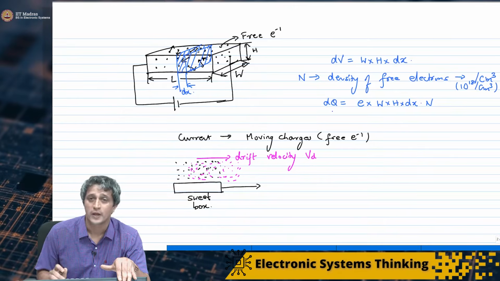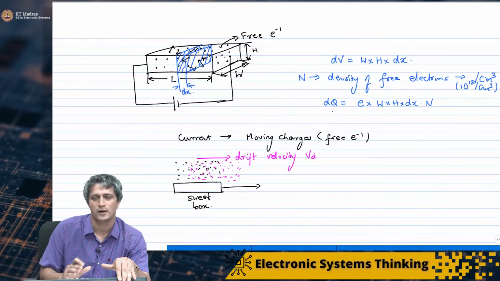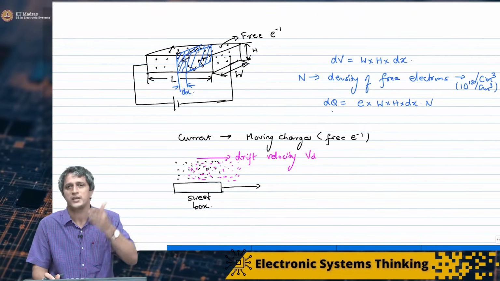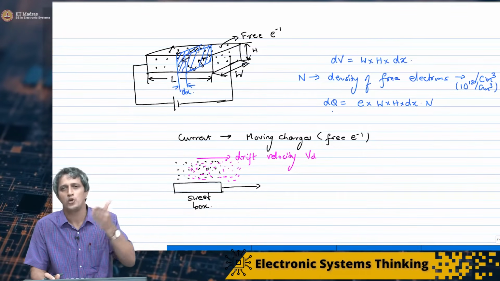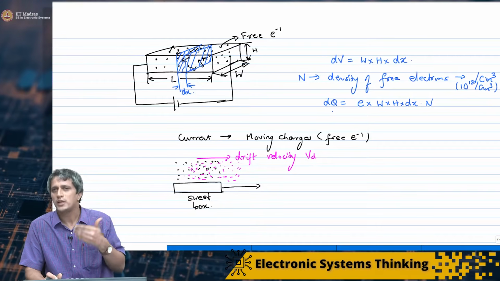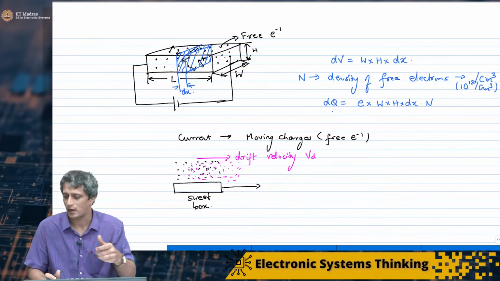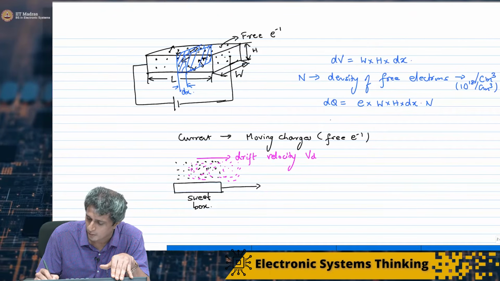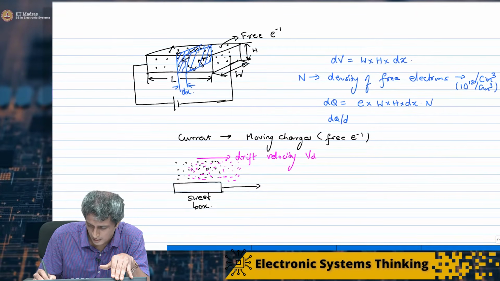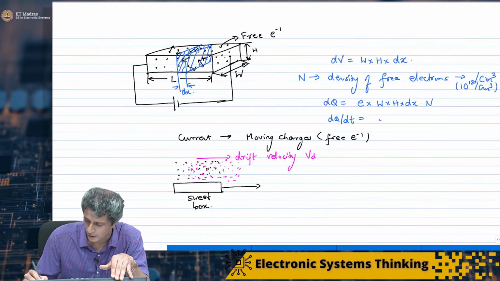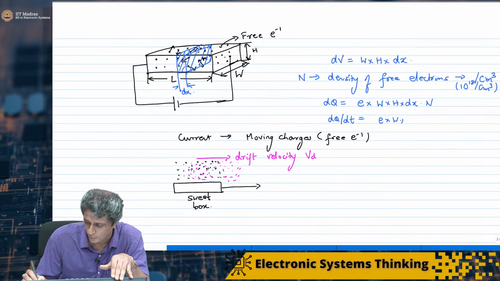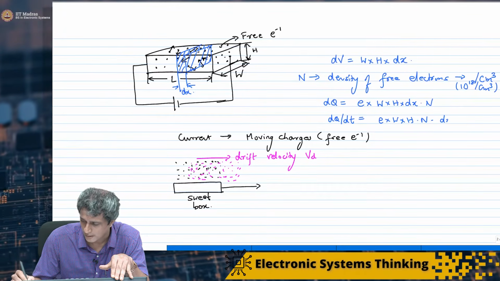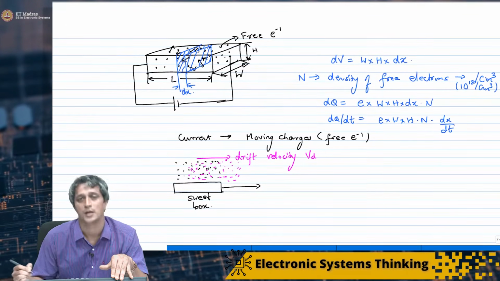So now if you take this particular cross section and just observe how many electrons are crossing this particular volume per second, that will give you an estimate of the current, right? So all I have to do is look at dq by dt, the rate at which they are going, e into W into H into n into dx by dt, right?